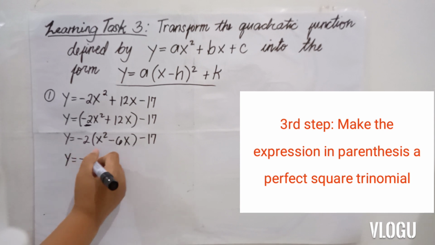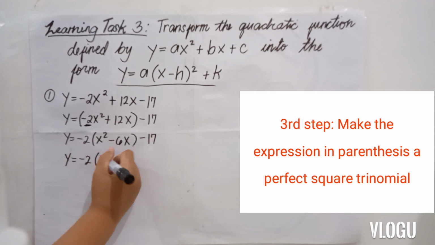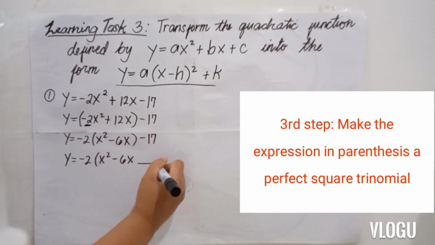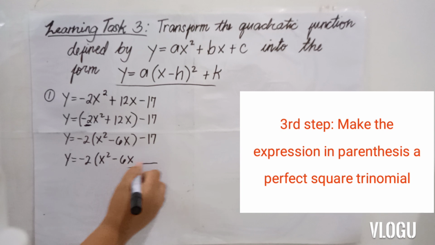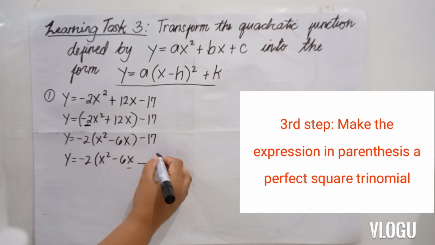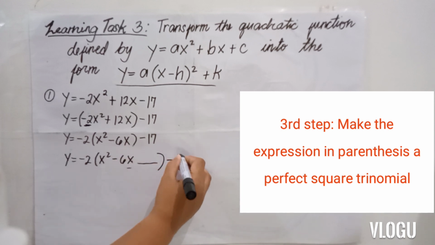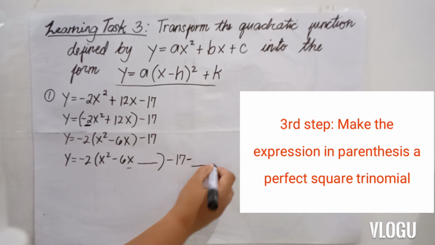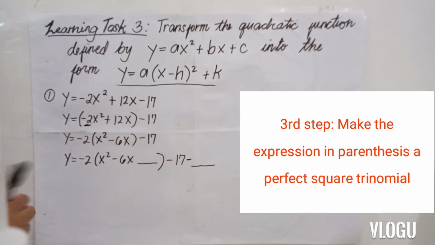So, we have negative 2 times x squared minus 6x. We need to find a constant to make this as a perfect square. Minus 17. And then subtract the value of this to the constant. Now we need to complete the expression in the parentheses to make it a perfect square.